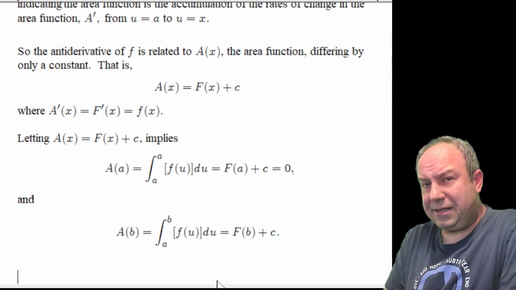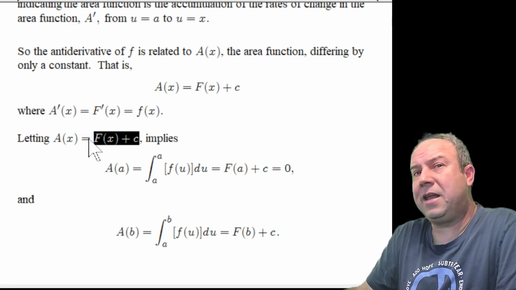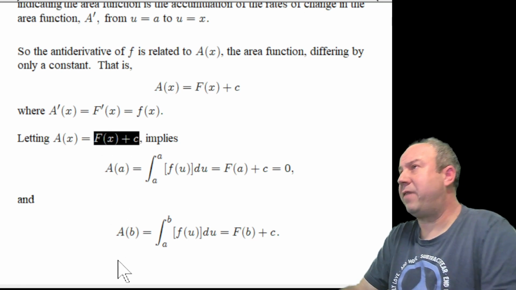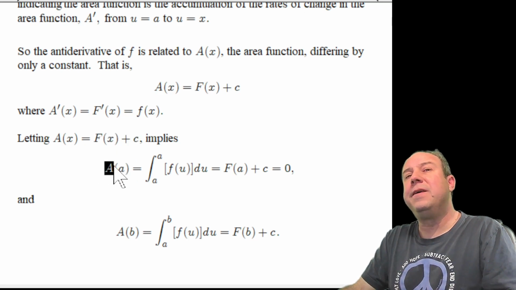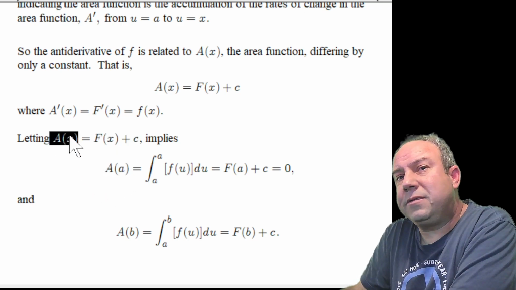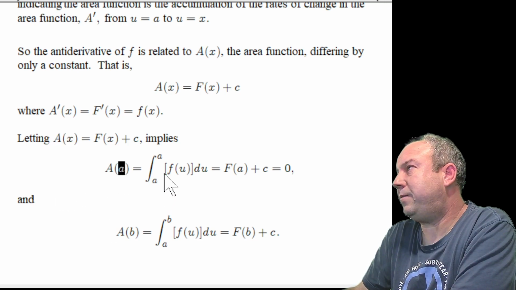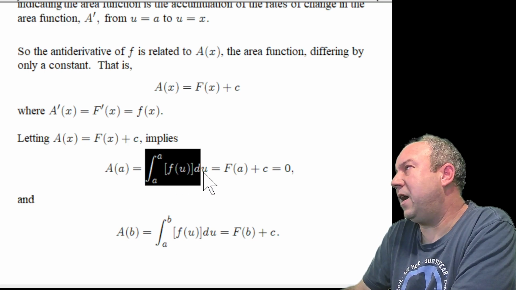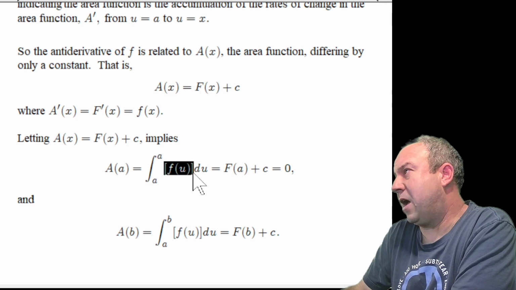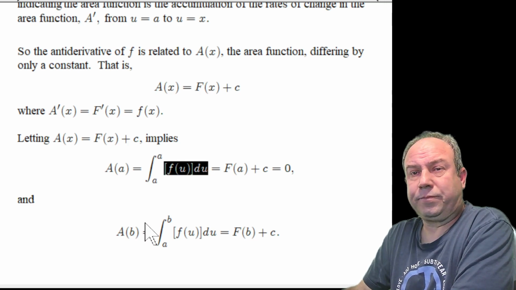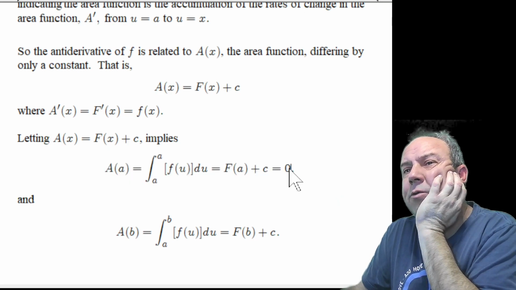Now, if we let A of x equal F of x plus c, let it be the antiderivative of little f plus some constant, then when we think about the area function at little a, the area function at little a is going to be the definite integral from a to a for f of u du, which we should point out is equal to the value of 0.